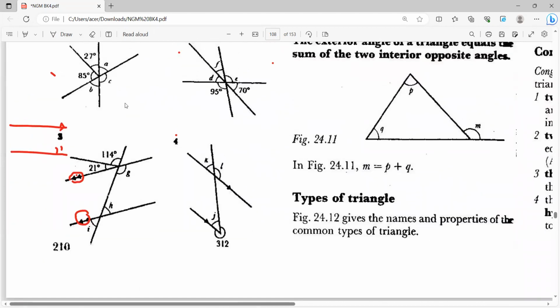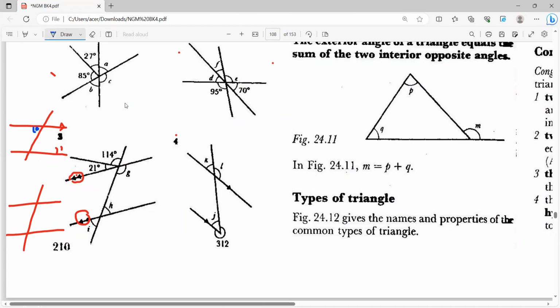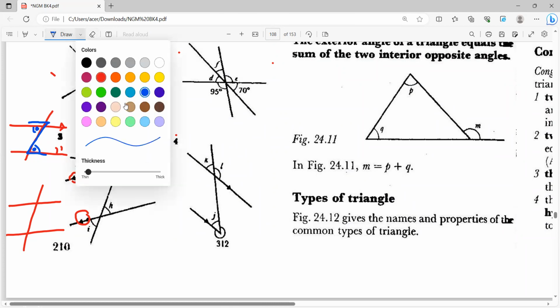Whenever we have these parallel lines, we've established some rules. And I'm going to remind you of some of the most important rules when you're dealing with parallel lines. So a line that crosses the parallel lines is called a transversal line. And we have this rule, the rule for alternate angles. They form some kind of a Z shape and they are equal. And we have another rule.